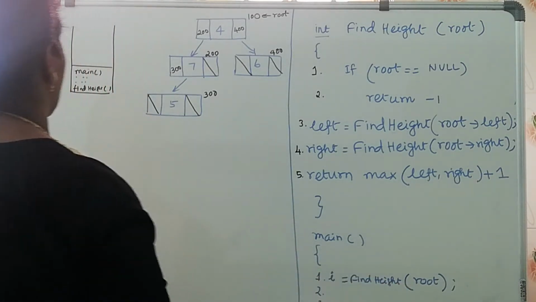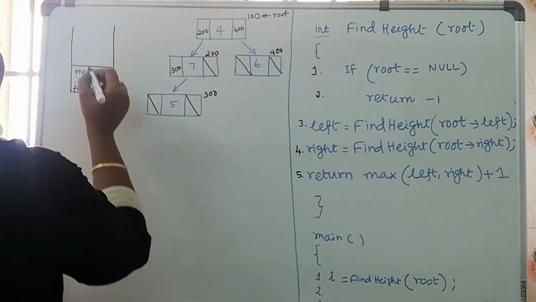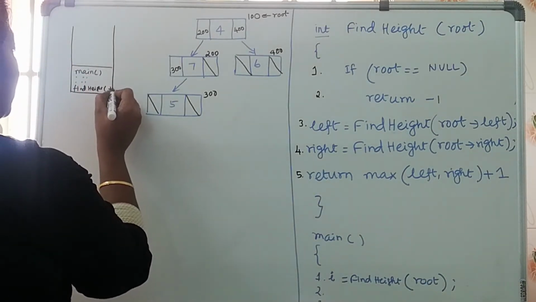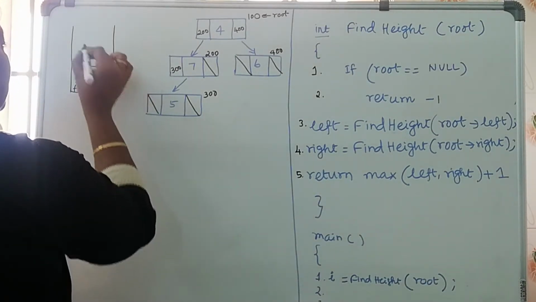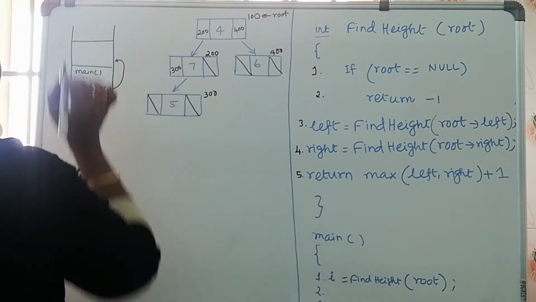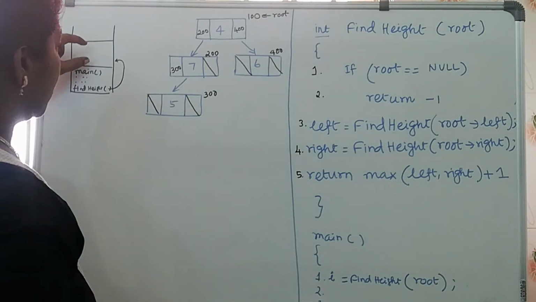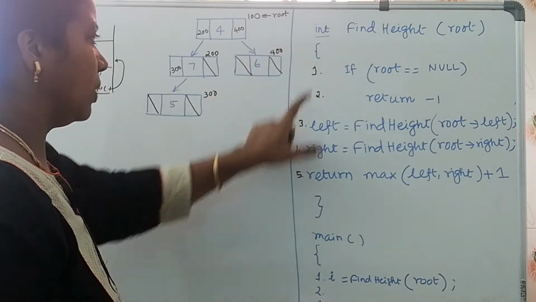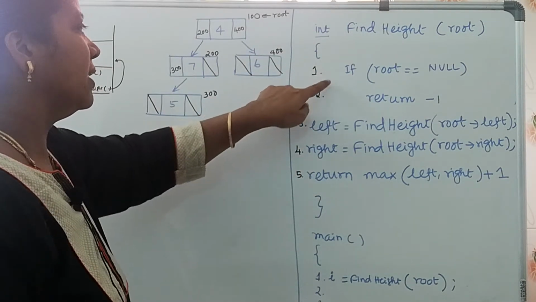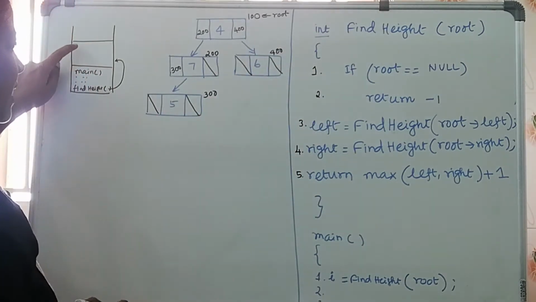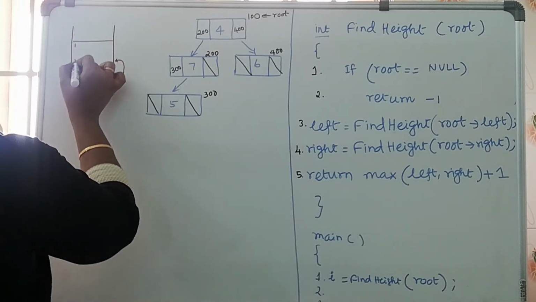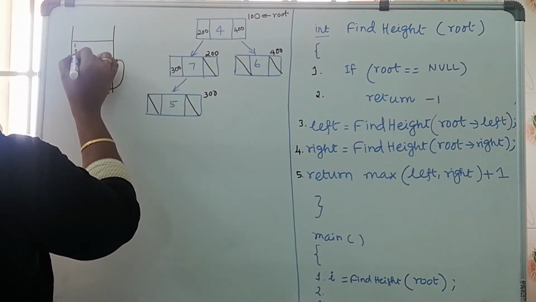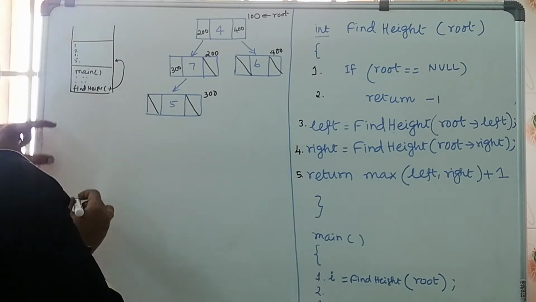This method gets called by passing the root of a tree, and upon calling this, another stack frame will be created. That stack frame is going to execute these statements one by one. All these statements, line number 1 to 5, get stored in this stack frame. So this stack frame we are going to expand further.